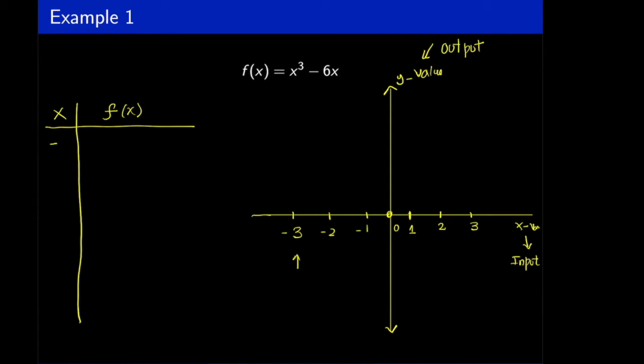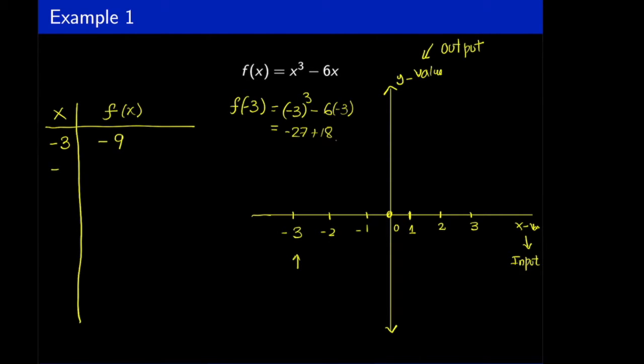If I plug -3 into the function, that will give me the output of the function as we discussed in one of our previous videos. So this will be -3 to the power 3 minus 6 times -3. If you calculate this one, it's going to be -27 plus 18, which gives you -9.